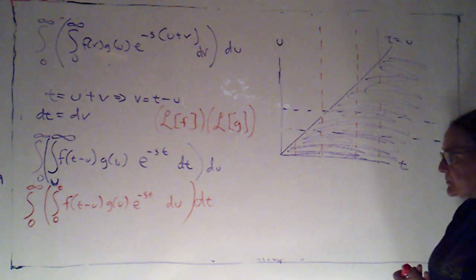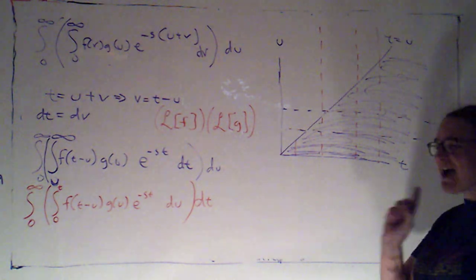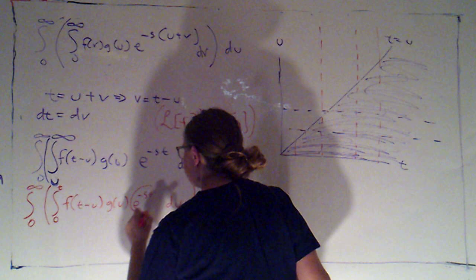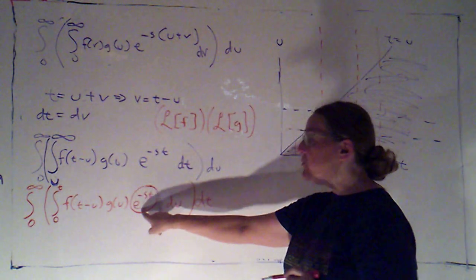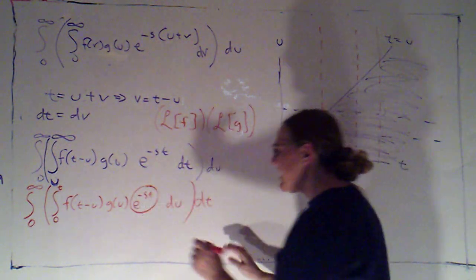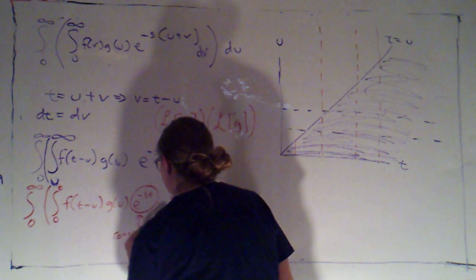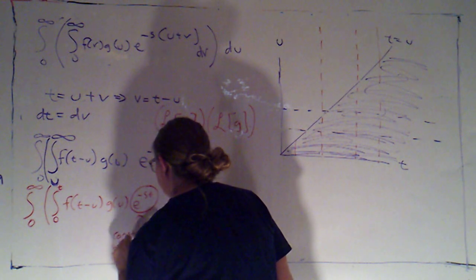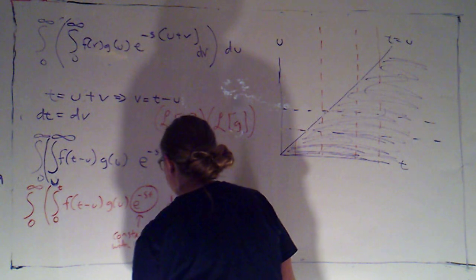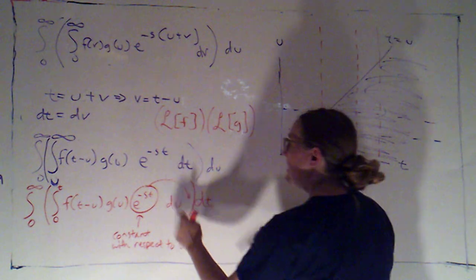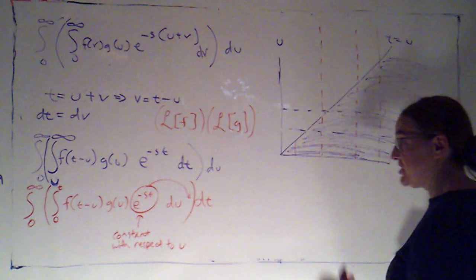So now, one more time, I'm going to factor out a constant. This has no u's in it, so this is constant with respect to u. So I can pull it outside of that inner integral.